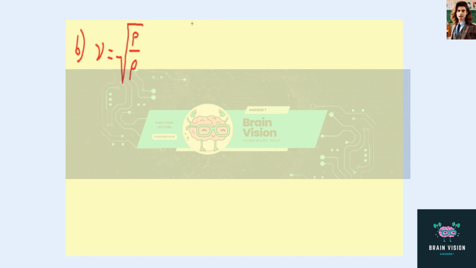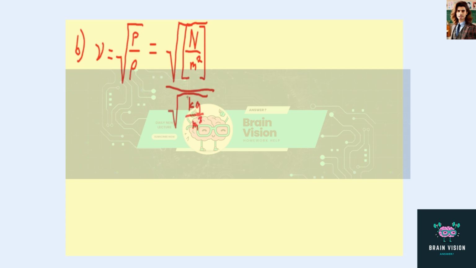So here we go into dimensional analysis. Square root, and the dimensions of pressure are newtons per meter squared. I'll put those in some brackets. Over square root of kilograms per meter cubed.